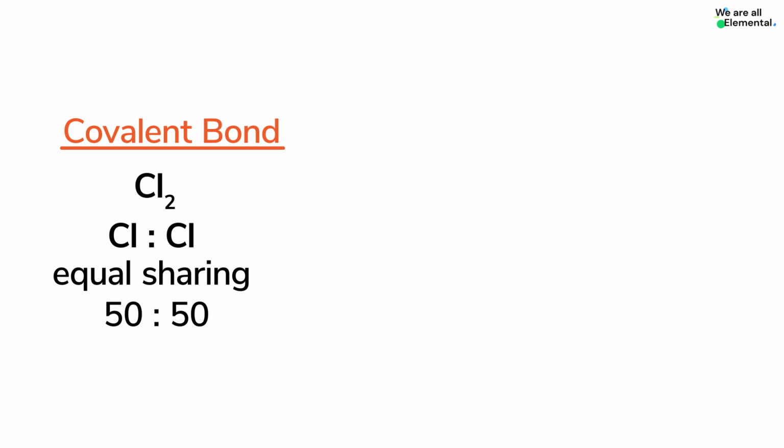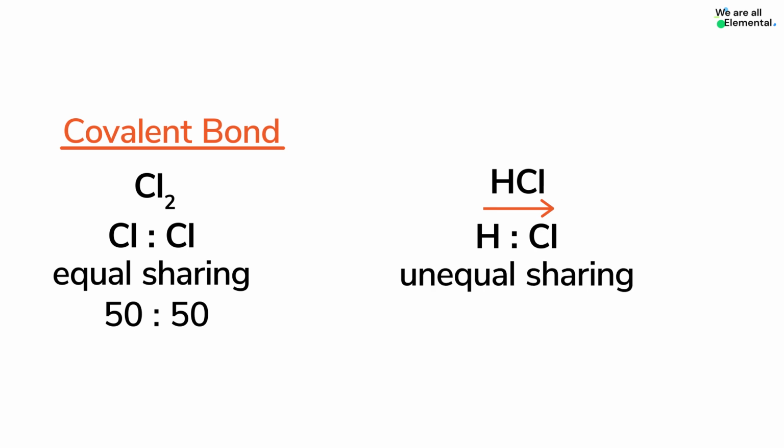However, in hydrochloric acid, chlorine pulls the shared pair of electrons towards itself because it is more electronegative than hydrogen, and this is shown by an arrow, and the sharing is unequal.